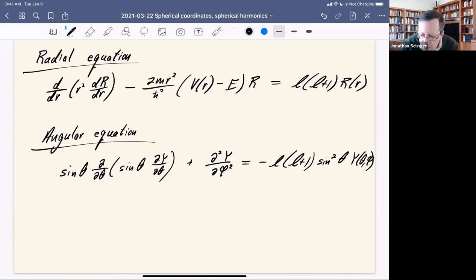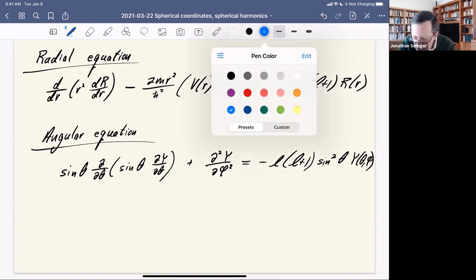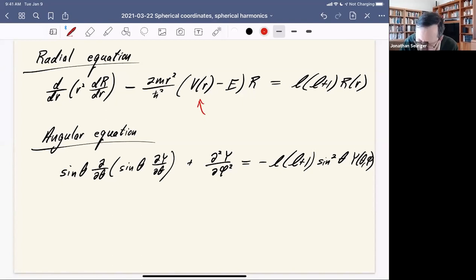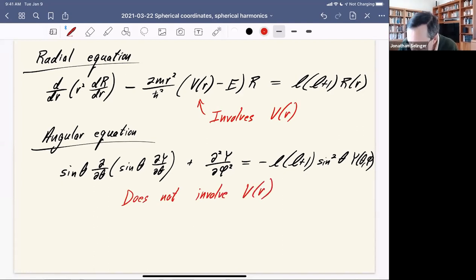One thing that you want to notice about this separation is that the radial equation involves V of r, but the angular equation does not involve the potential energy. So maybe we're interested in lots of potential energy functions, but we only have to solve the angular equation once, right?